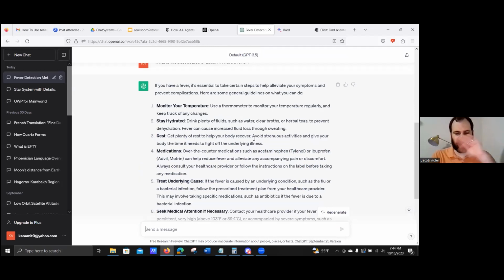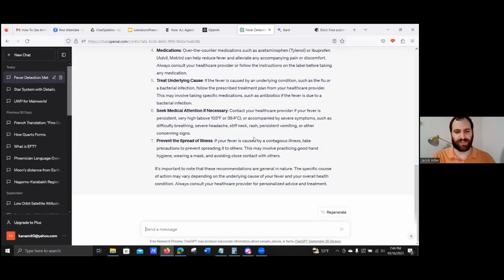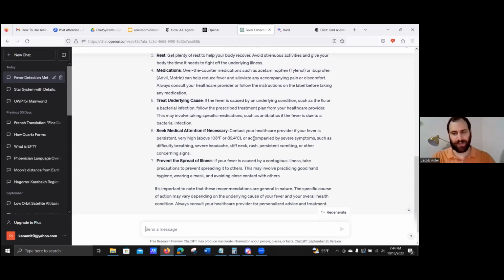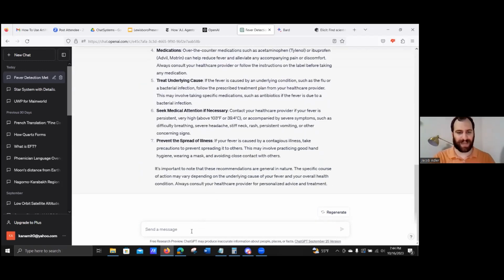It's going to be like monitor temperature, stay hydrated, and so on. I mean, this is all kind of rote stuff, but it shows you that it remembers what I was talking about. But what if we throw it a curveball? What if we go something like, what do I do if I have a pet turtle who has a fever? I don't actually have a pet turtle, so this is not speaking from experience.